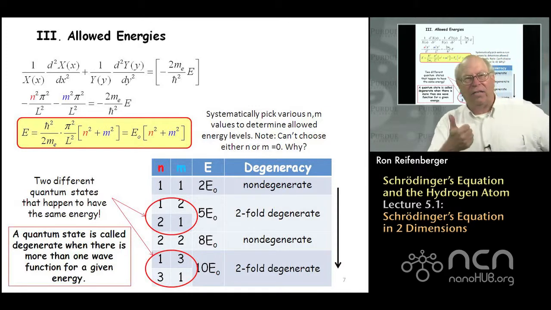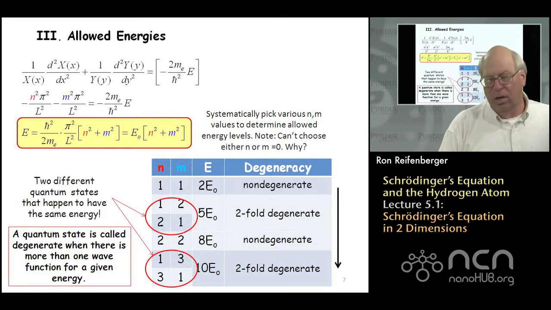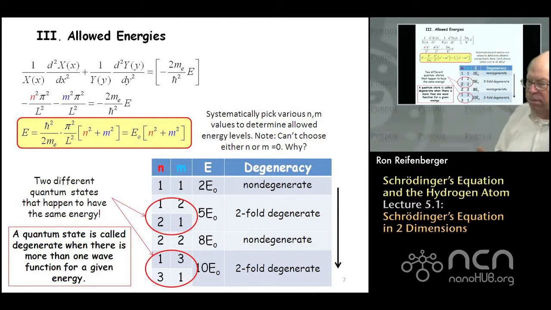When we get to the next highest energy state, we're going from low energies up to higher energies, right? As we go to higher energies, n can be 1 and m can be 2, or n can be 2 and m can be 1. Both sets of quantum numbers give us an energy eigenvalue equal to 5E0.